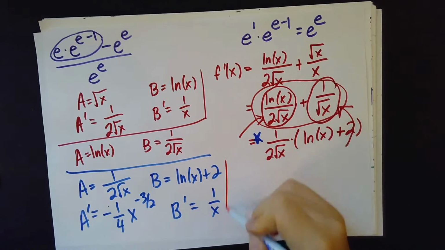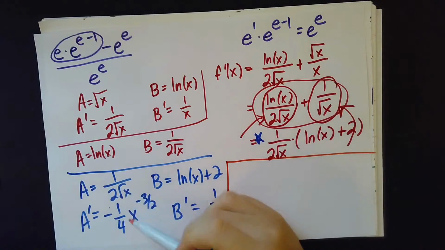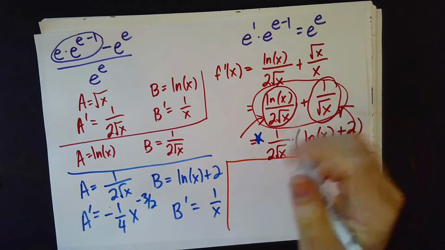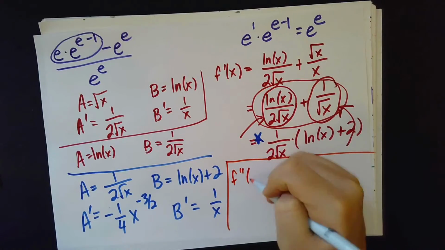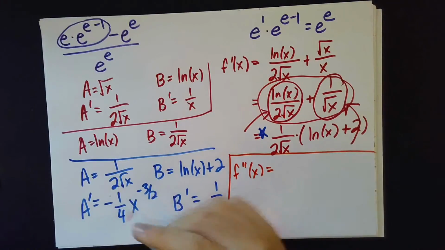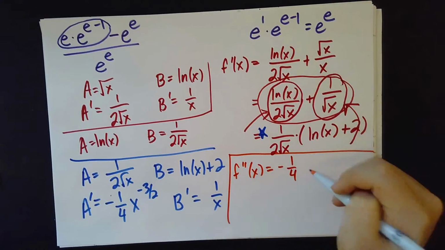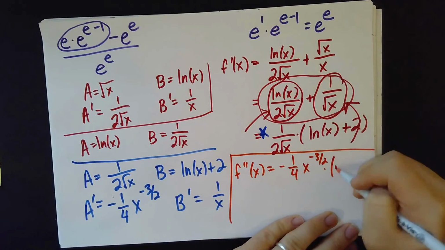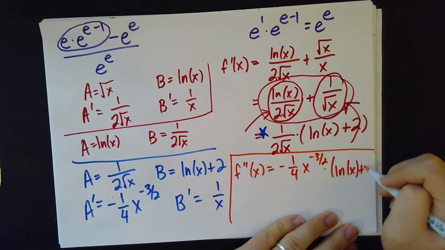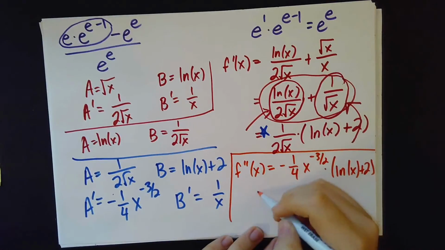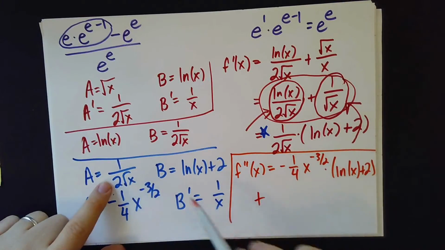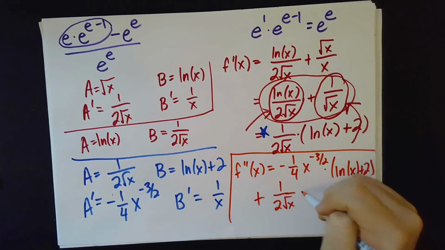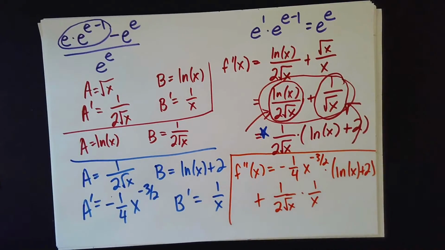So then a prime b will be minus 1/4 x to the minus 3 halves times the natural log of x plus 2, plus, and then ab prime will be 1 over 2 root x times 1 over x.